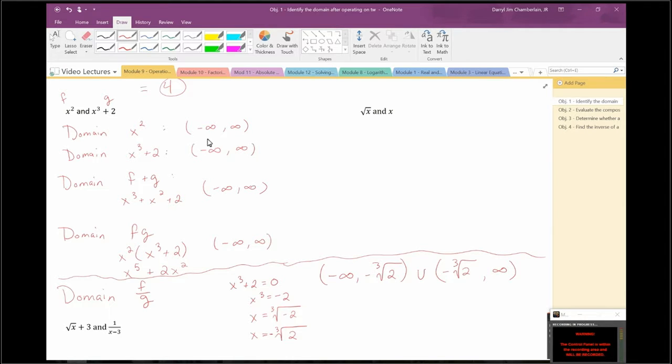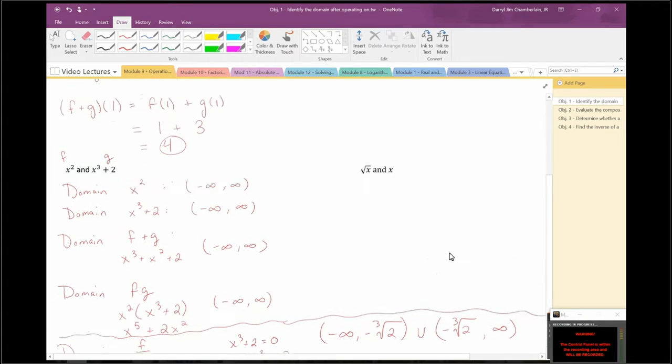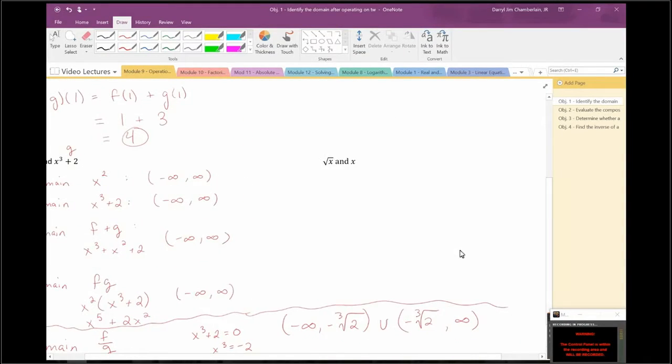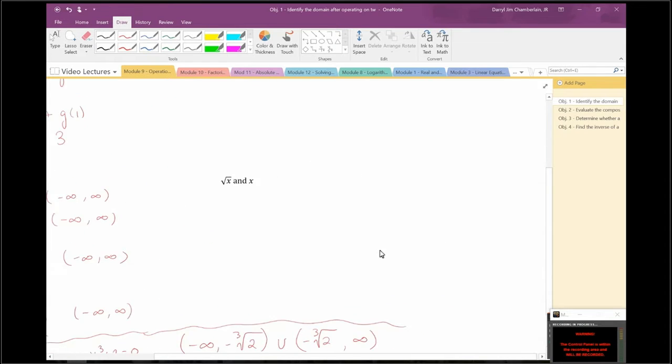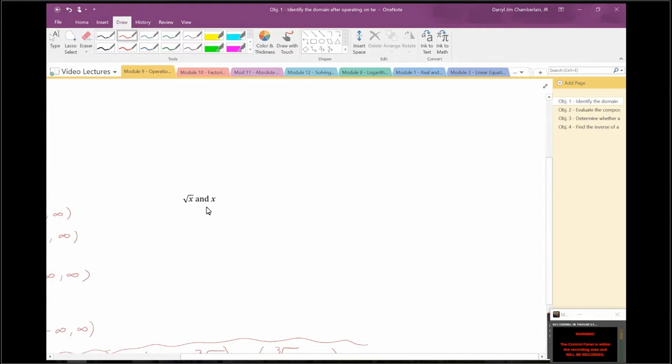Okay, but x squared and x cubed, they're not very interesting functions. Their domains weren't restricted at all. So let's look at something a little bit more interesting: the square root of x and x. So our domain for the square root of x is 0 to infinity.